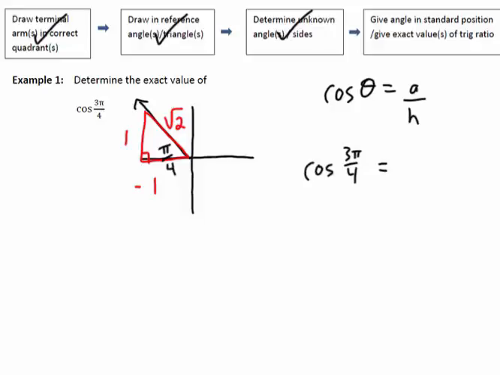The adjacent is negative 1, and the hypotenuse is root 2, which is the same as negative root 2 over 2. And both are acceptable. It's either negative 1 over root 2 or negative root 2 over 2. And there's the exact value of the cosine of 3 pi over 4.